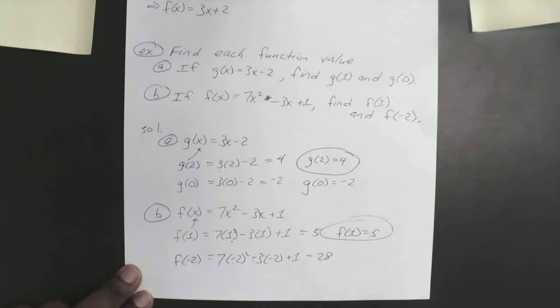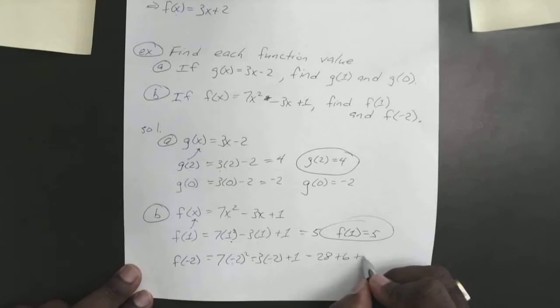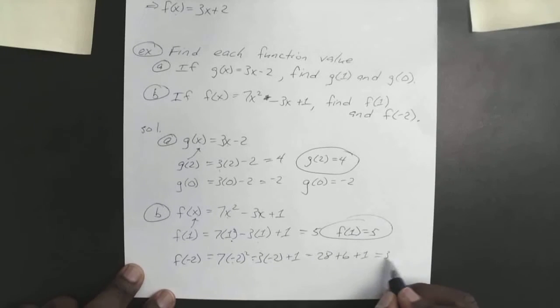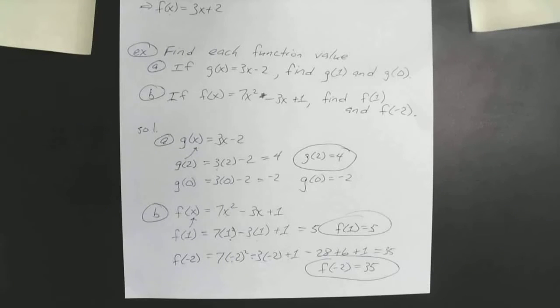Negative 3 times negative 2 is positive 6, plus 1, which is 35. So f of negative 2 is equal to 35. So it's just a matter of plugging in whatever's in the parentheses. Any questions on that one?